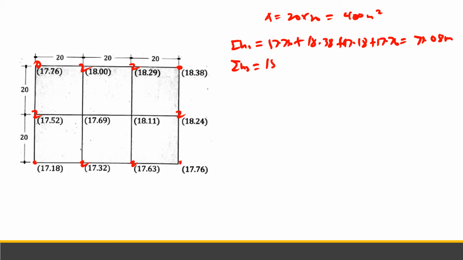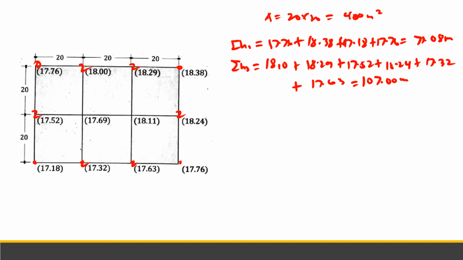So that is 18.0 plus 18.29 plus 17.52 plus 18.24 plus 17.32 plus 17.63. So that is equals to 107 meters. So H3 is equals to 0.